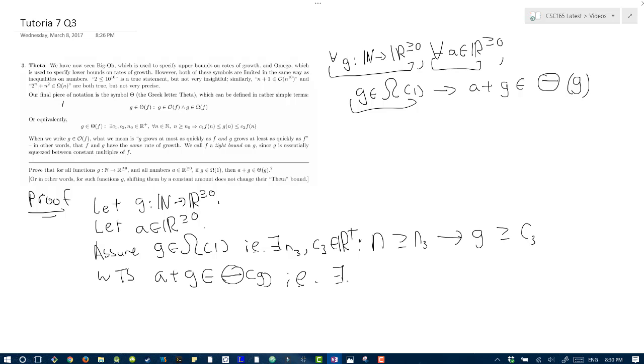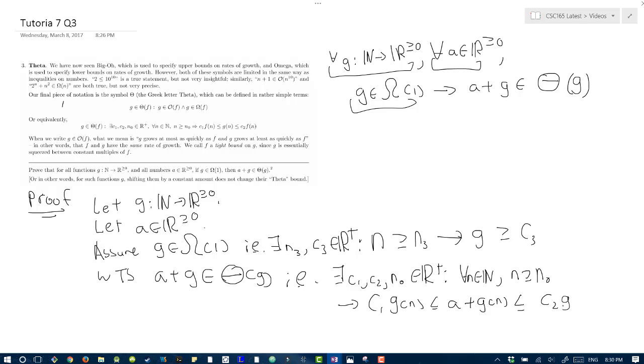There exists C1, C2, N0, such that for every natural number n, if n is larger than or equal to N0, then C1 times g(n) is smaller than or equal to a plus g(n), which is smaller than or equal to C2 times g(n).